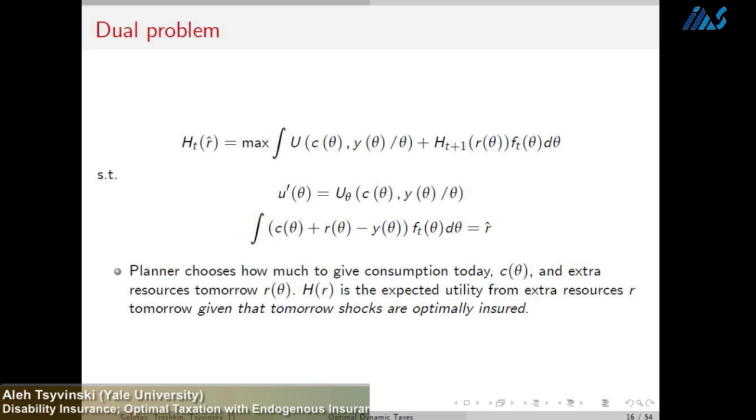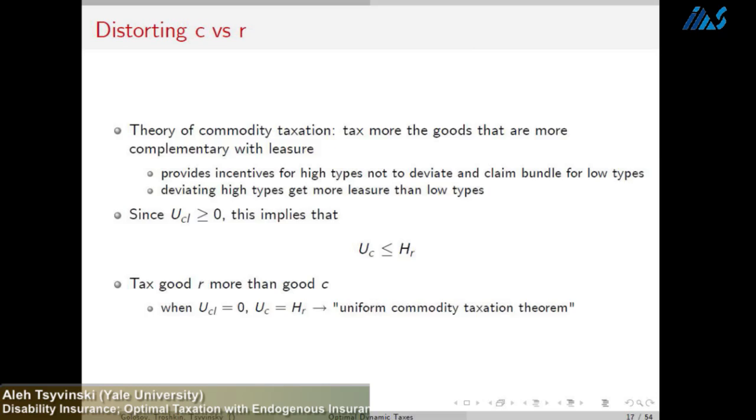Okay, and I'm going to build intuition of how to think about the distortions here, exactly referring to the static Mirrleesian model with two goods. Well, let's again flip back to the theory of optimal commodity taxation. What it says is, if you have two goods, I want to tax the good which is more complementary with leisure.